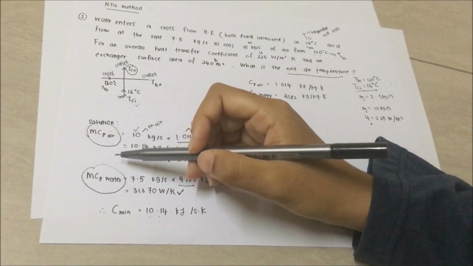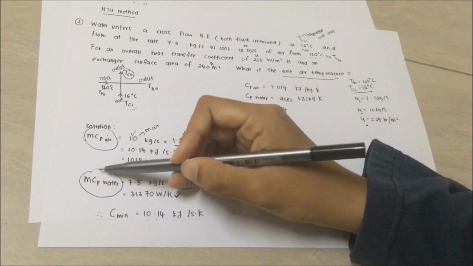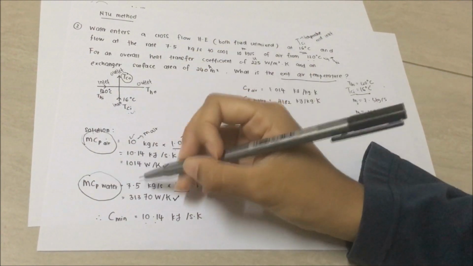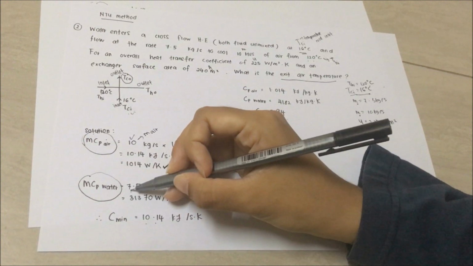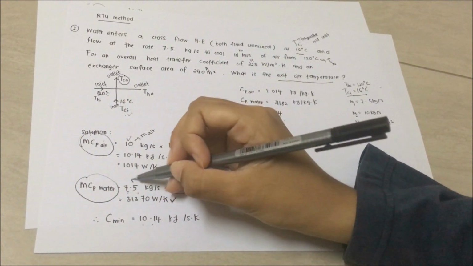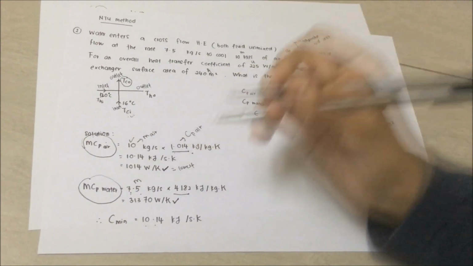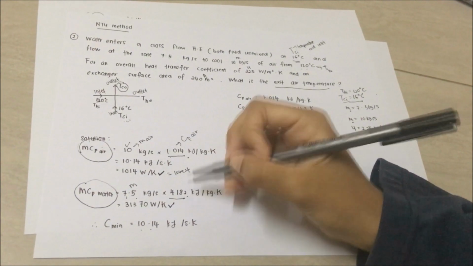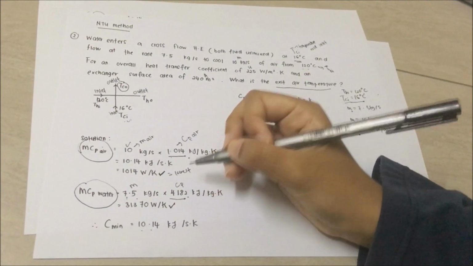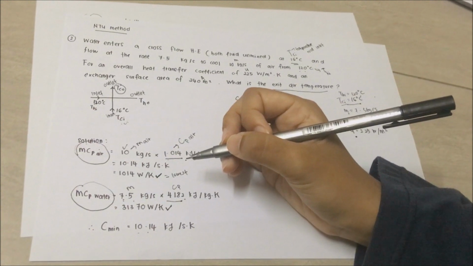Next, calculate the heat capacity for water by using this formula. It's 7.5 is the mass flow rate for the water. 4182 is the specific heat capacity for water.